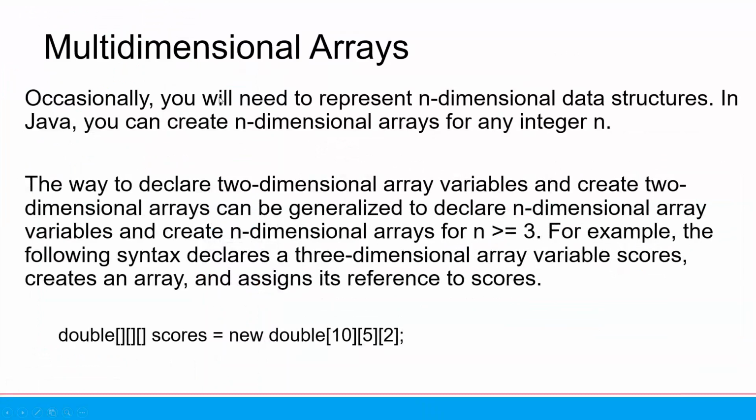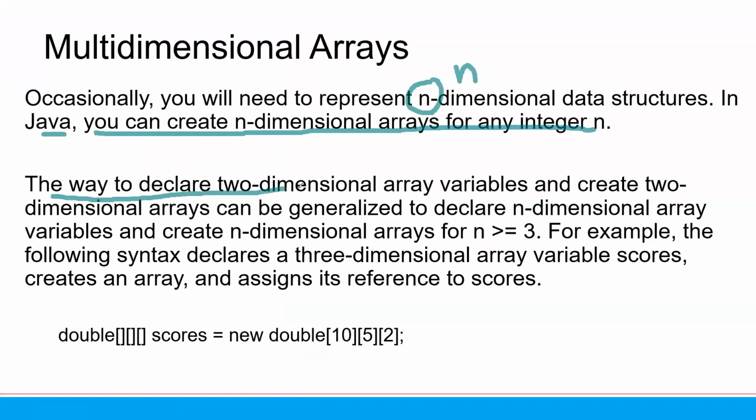So occasionally, sometimes, you will need to represent n-dimensional data structures. What does n mean? N means any integer number. So in Java, you can create an n-dimensional array for any integer n.